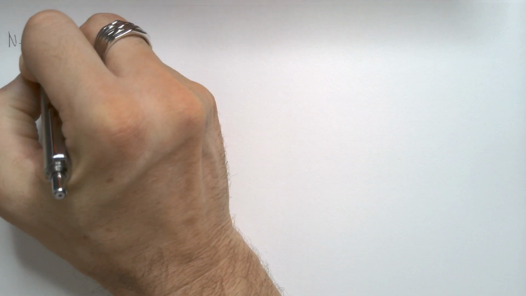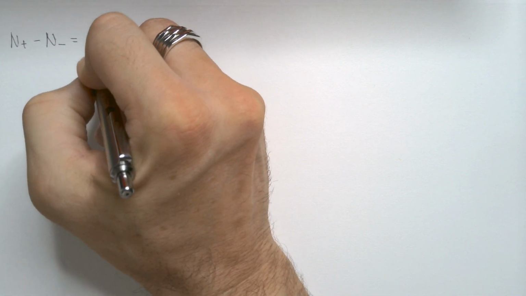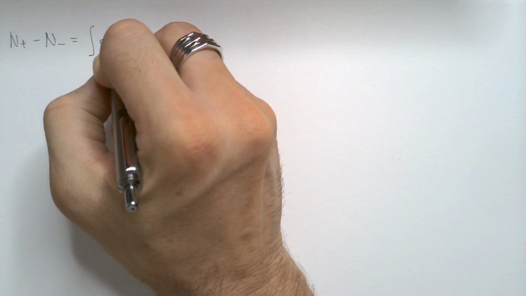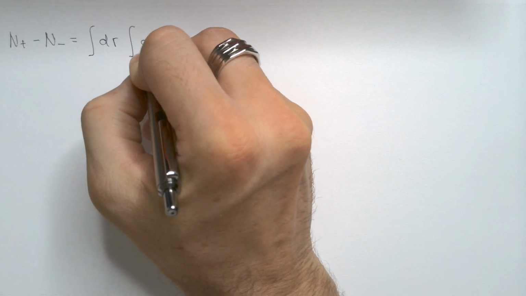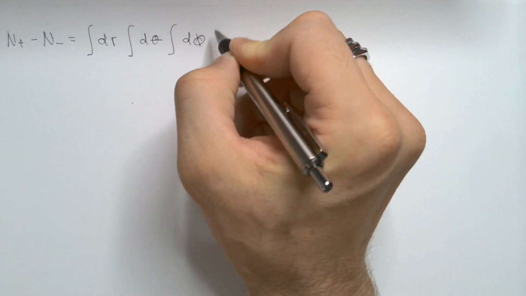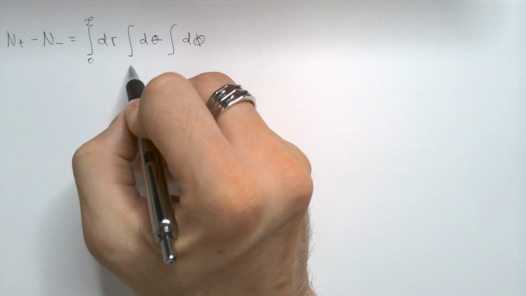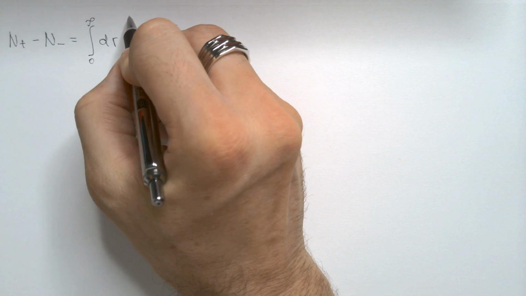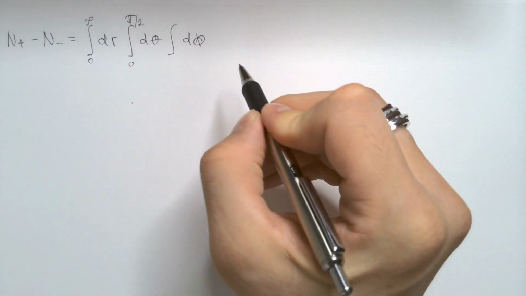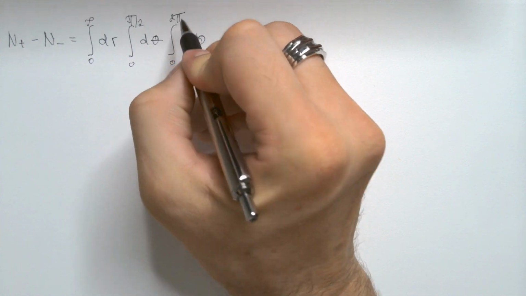N plus minus n minus is equal. We will have three integrals, integral dr, integral d theta, and integral d phi. R, of course, goes 0 to infinity. Theta goes 0 to pi over 2. And phi goes in a circle 0 to 2 pi.